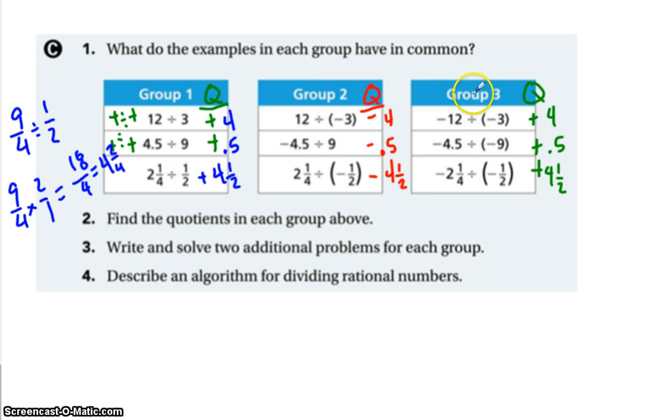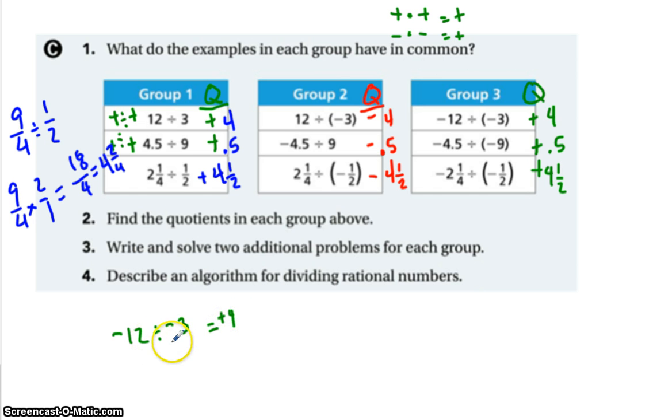And the reason why this works is because earlier we talked about a positive times a positive equals a positive, and a negative times a negative equals a positive. And so when we write our fact family out for this right here, we would have negative 12 divided by a negative 3 equals a positive 4.